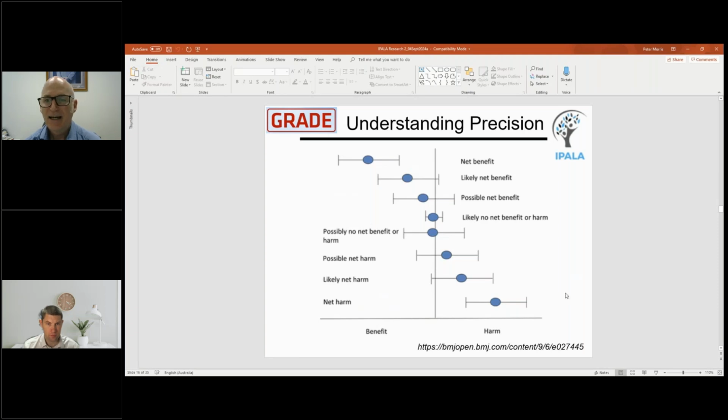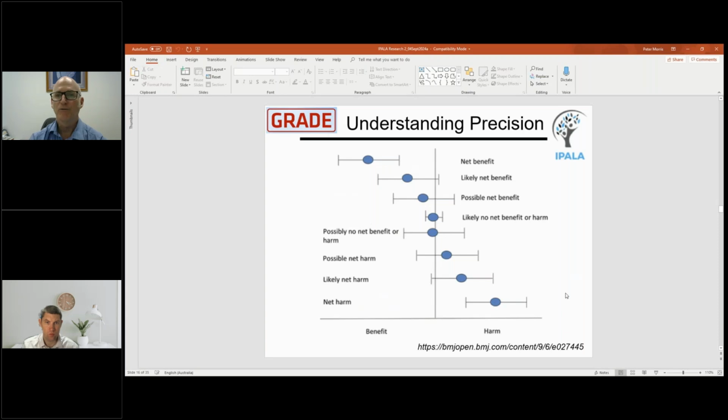So one of the key issues with the GRADE approach is understanding precision. And again, this is a sort of hypothetical forest plot showing different estimates, point estimates with confidence intervals around them, or credible intervals, how likely you think the results are going to be different from the line of no effect.